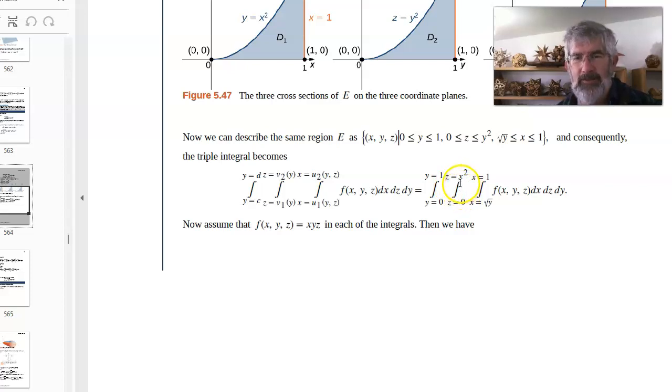It has to be a function of y. Well, the function of y that's bounding z is that diagonal plane z equals y. So this should not be an x squared right here. This should be a y, just a plain old y.